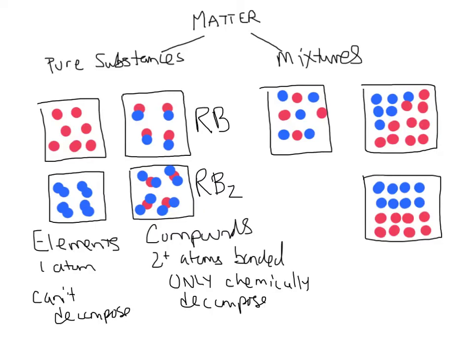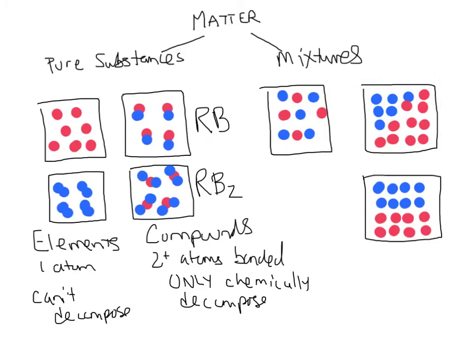Finally, we have mixtures. And in mixtures, notice that we have 2 or more different particle types. So in all of these examples, we have red and blue atoms, but they are not chemically bonded, so they're their own separate particle. There are 2 types of mixtures. There are homogeneous mixtures and there are heterogeneous mixtures.